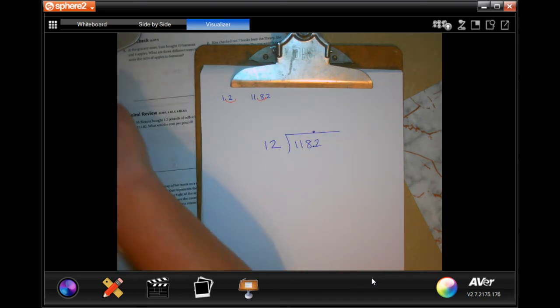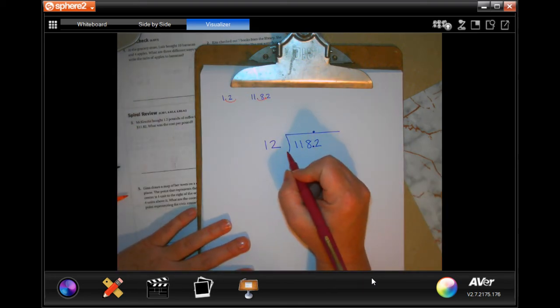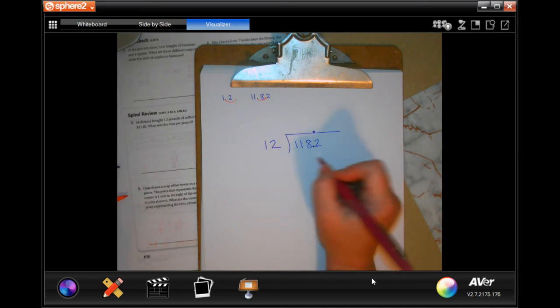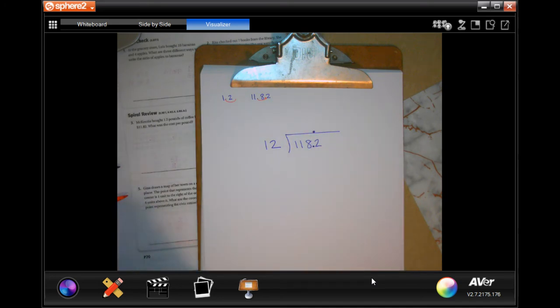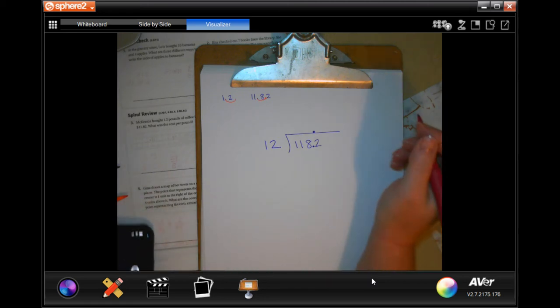All right, so I know my multiples of 12, but I don't know them that high. So I'm going to get my handy dandy calculator, and I'm only going to use it for my multiples of 12.